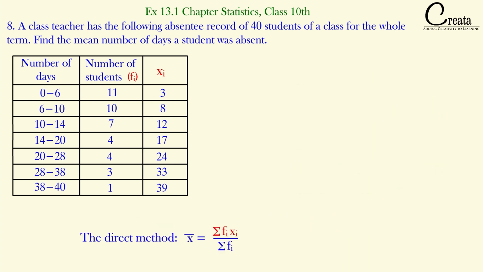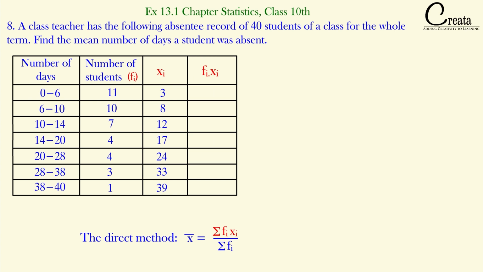So let's add one more column, fi into xi, and multiply fi and xi. 11 into 3 is 33, 10 into 8 is 80, 7 into 12 is 84. Similarly, we got 68, 96, 99 and 39. We have simply multiplied fi and xi for all the rows.